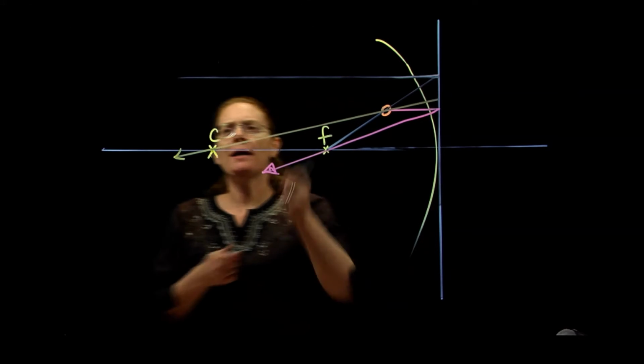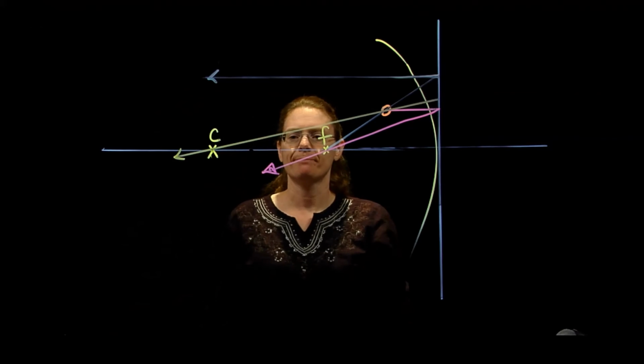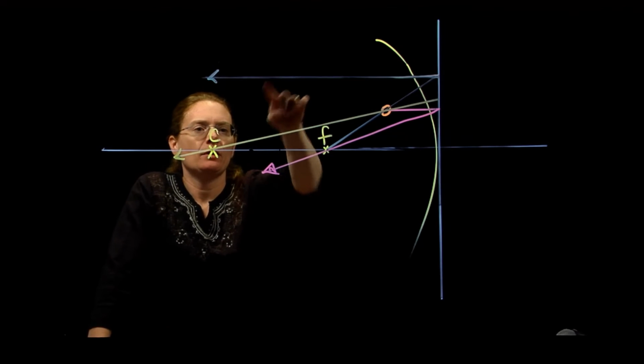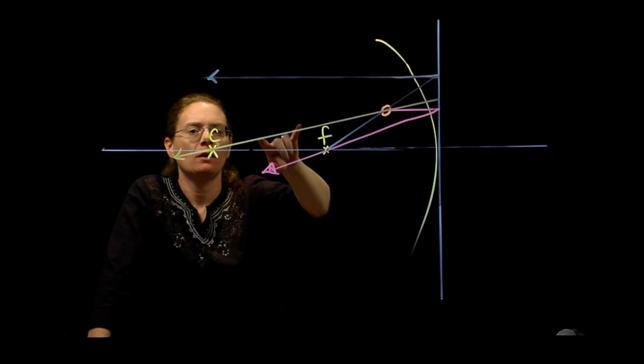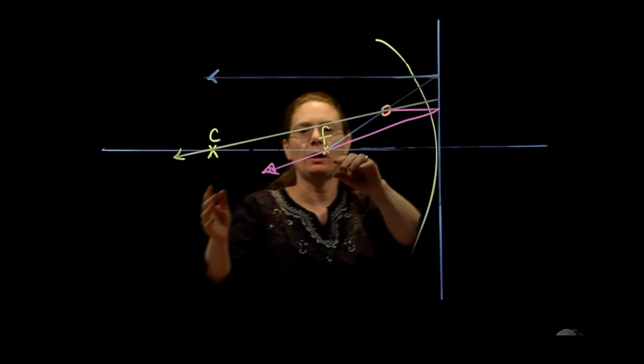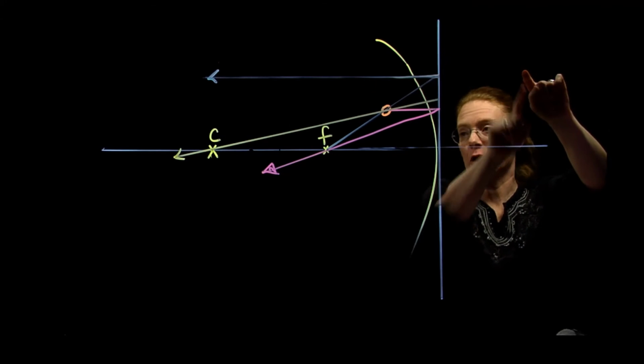And, well, okay, do the three rays that leave the mirror ever meet? Nope. We have these three rays leaving the mirror, and they are never going to meet on this side of the mirror. Where will they meet? Well, if you think about it, they would have a meeting point somewhere back here.